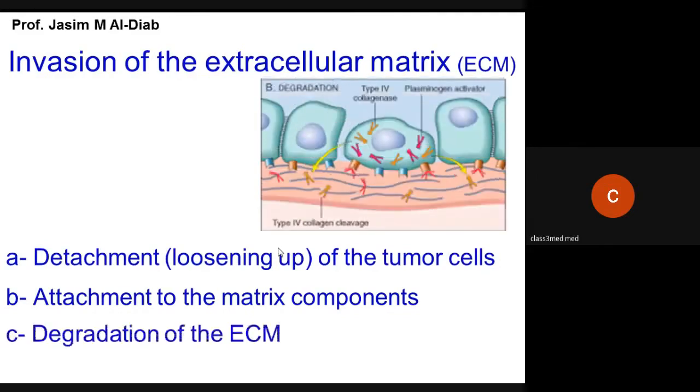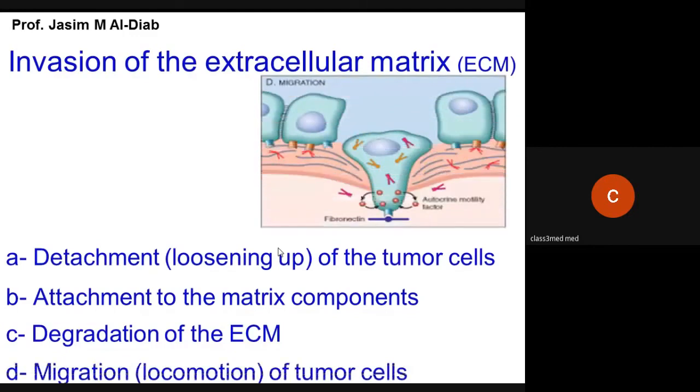And then it should be able to degrade. Okay, what is degrade? Degradation: it breaks down and dissolves this extracellular matrix. So we have degradation in order to migrate. It should be able to move, to migrate, to locomote through the degraded extracellular matrix.